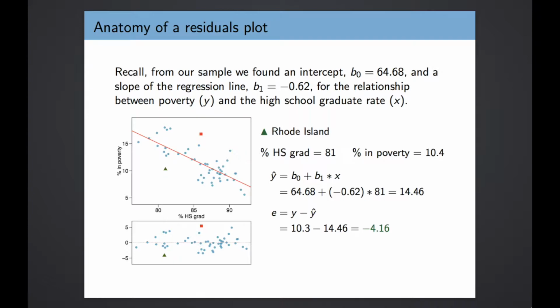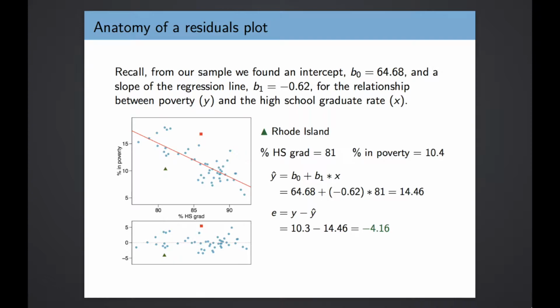So when we do a residual plot, this residual plot is the lower plot here, and we can find Rhode Island as this green triangle. And that residual is 4.16 below this mean of 0, right? So we have this dotted line equal to 0, and we can locate the green triangle representing Rhode Island about 4 units below that, indicating where Rhode Island's residual is.